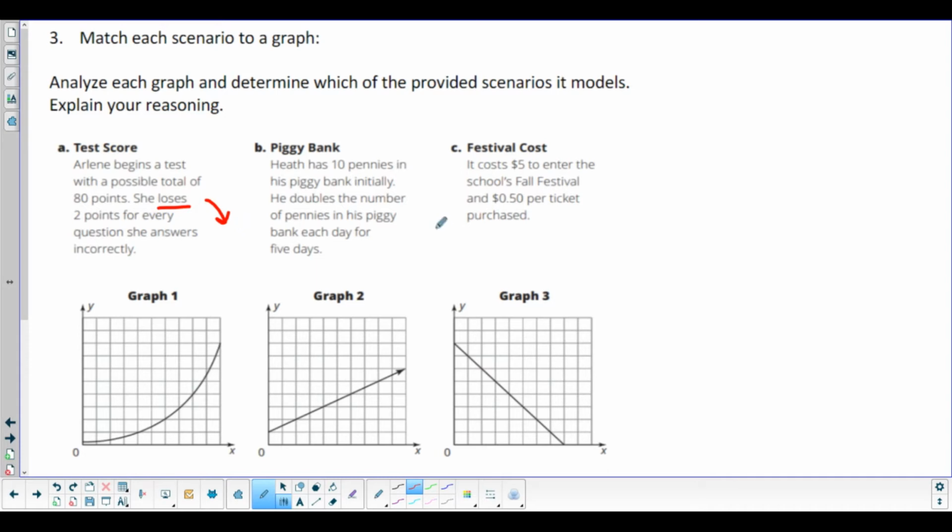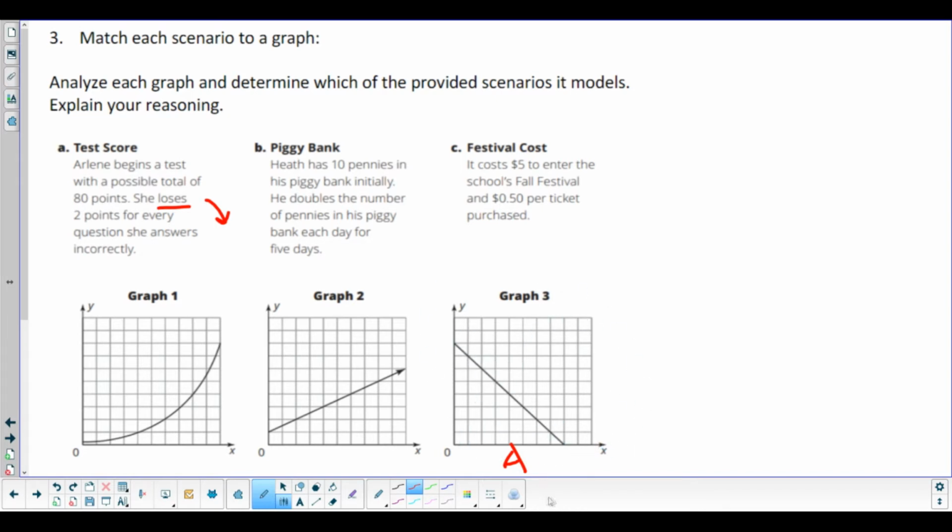Anyway, so kind of right away, I can see that this graph should probably be decreasing over time, right? It should start up higher with a possible total of 80 points. And then if you get questions wrong, you lose points linearly, which is going to be graph 3, right? Right away, I can just notice this is the only graph that heads down. We have to read left to right. And so as x increases, y decreases.